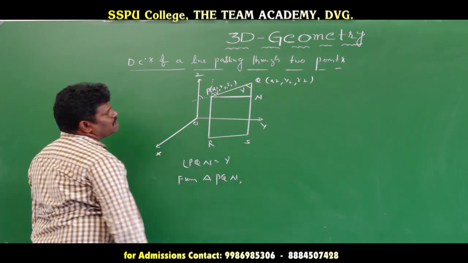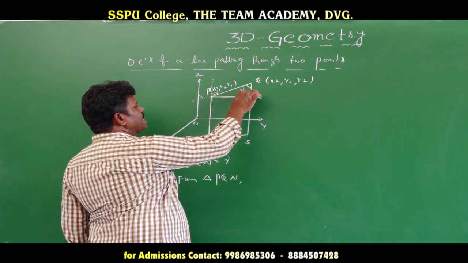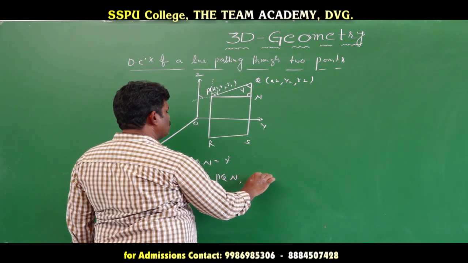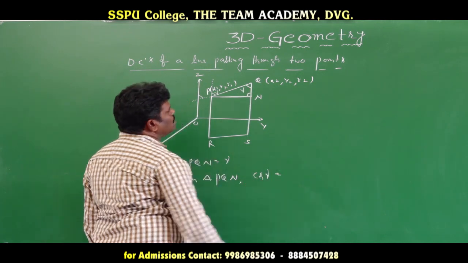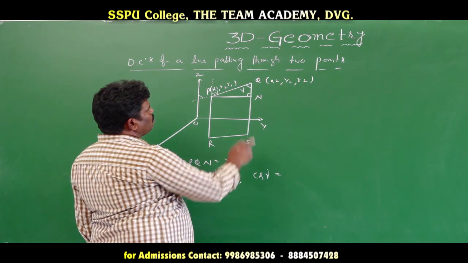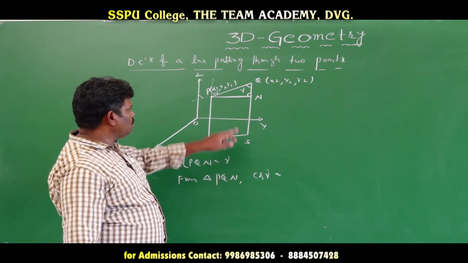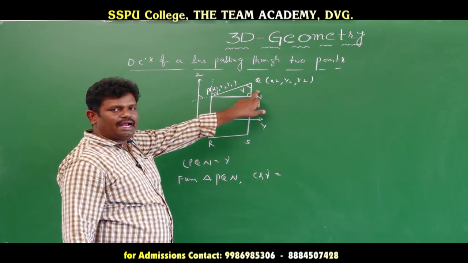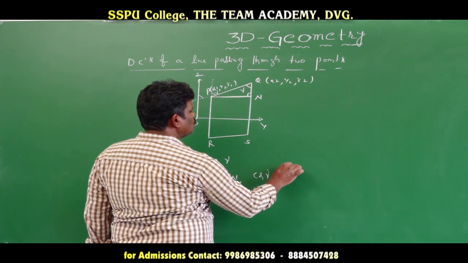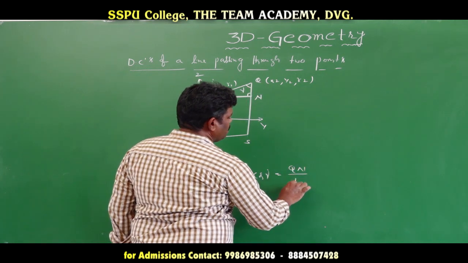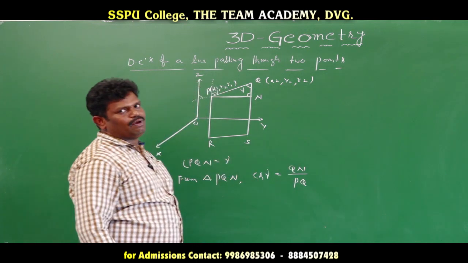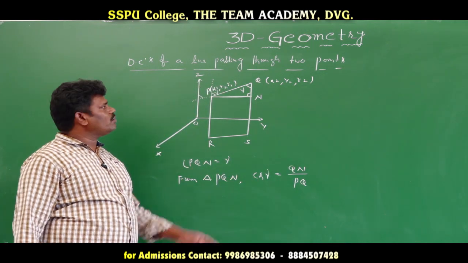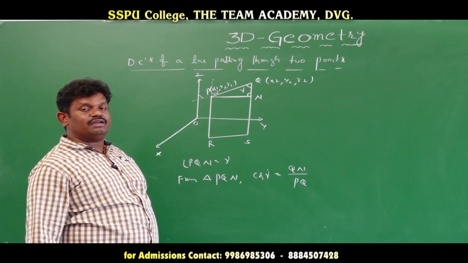From triangle PQN, this is a right angle triangle. Cos gamma is equal to the adjacent side by the hypotenuse, so QN by PQ. We learned this concept in first year 3D geometry, in the section formula and distance formula.